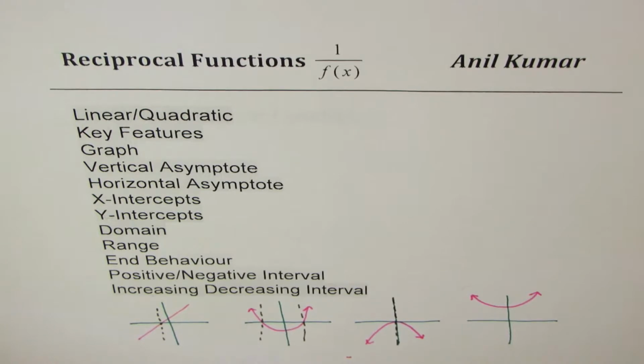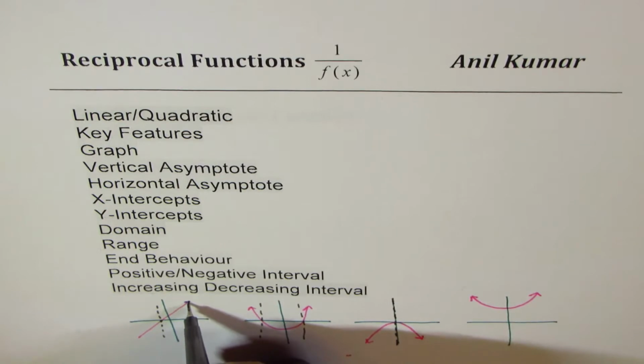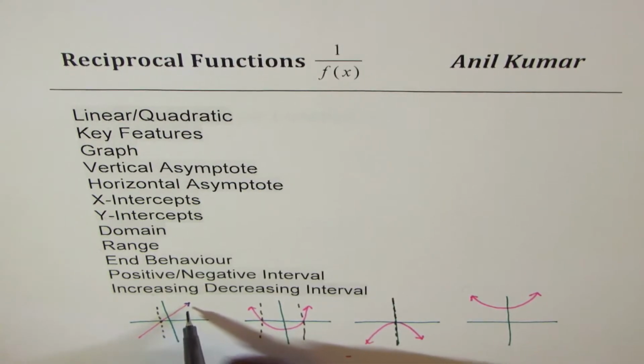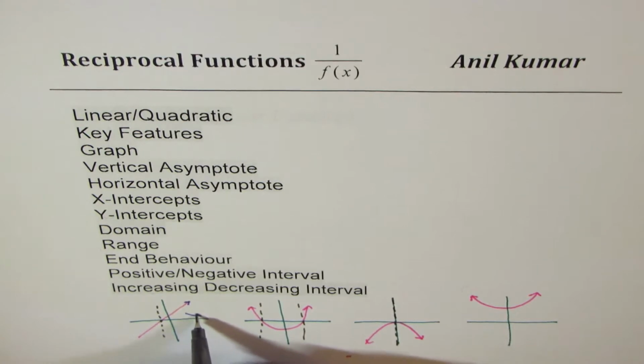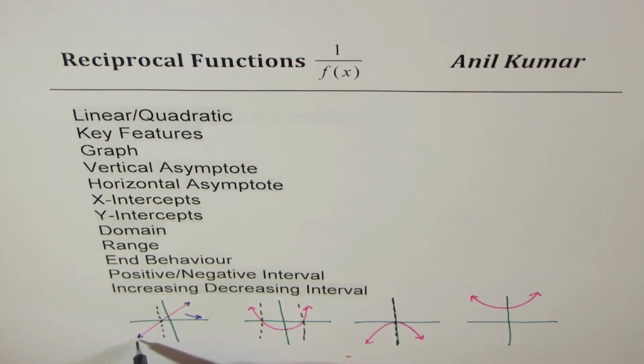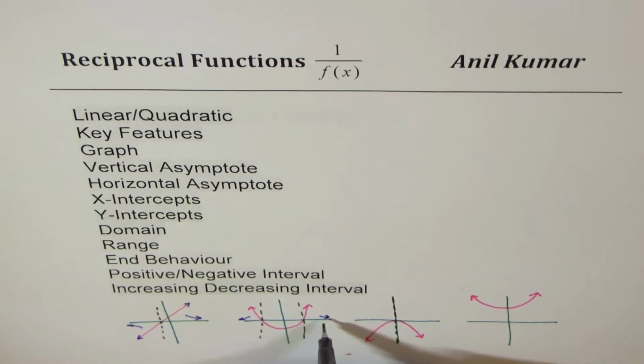The second feature which we'll concentrate on is that whenever we are approaching positive infinity, the graph of reciprocal function will approach 0 from the positive side. If we are approaching negative infinity, then reciprocal will approach 0 from the negative side. So in this case, that is how you're going to approach.